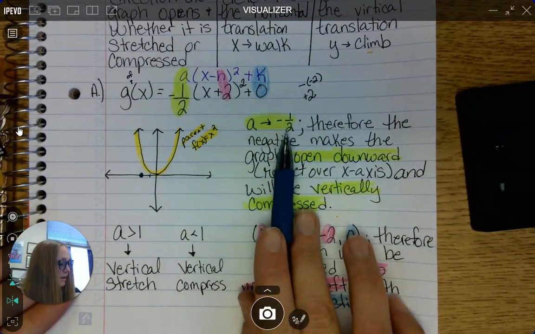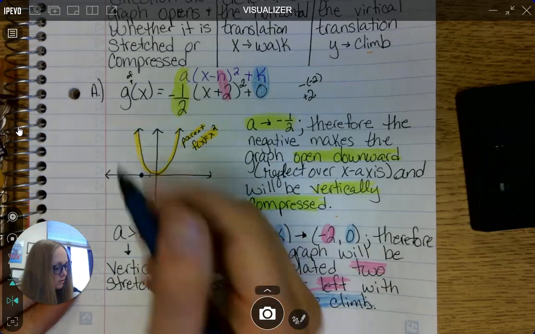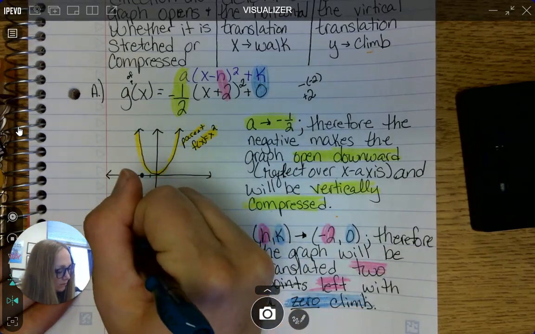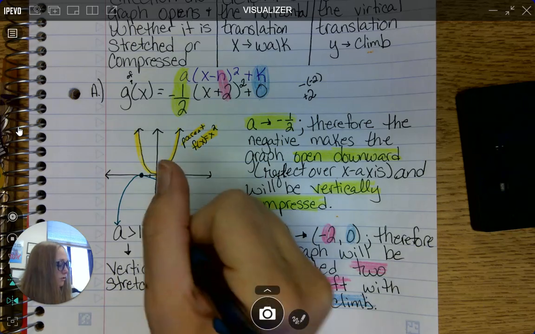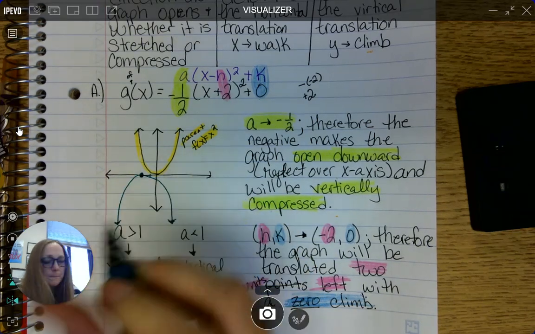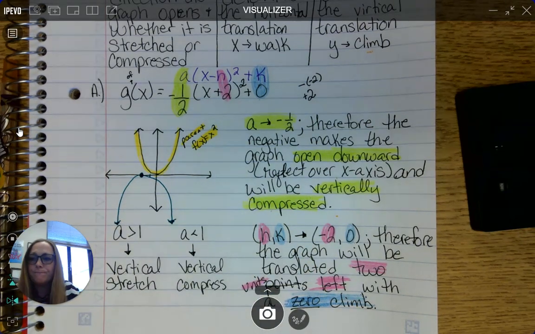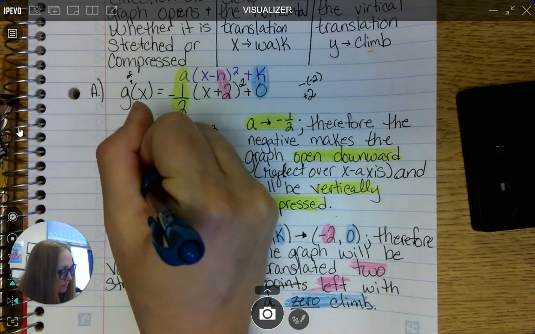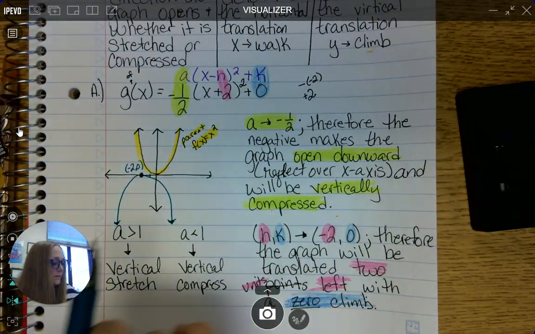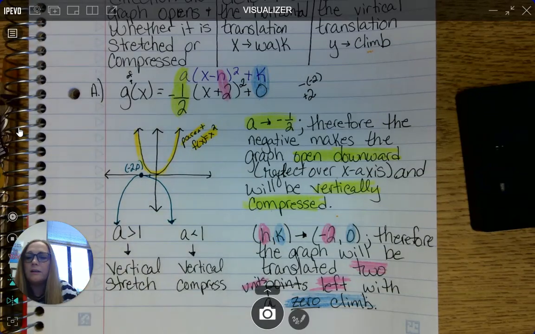And then it is going to open down. It should be a little bit wider than my parent function. This is just kind of a rough draft of that graph. I'm going to go ahead and add, there's my vertex with my slope of that -1/2.